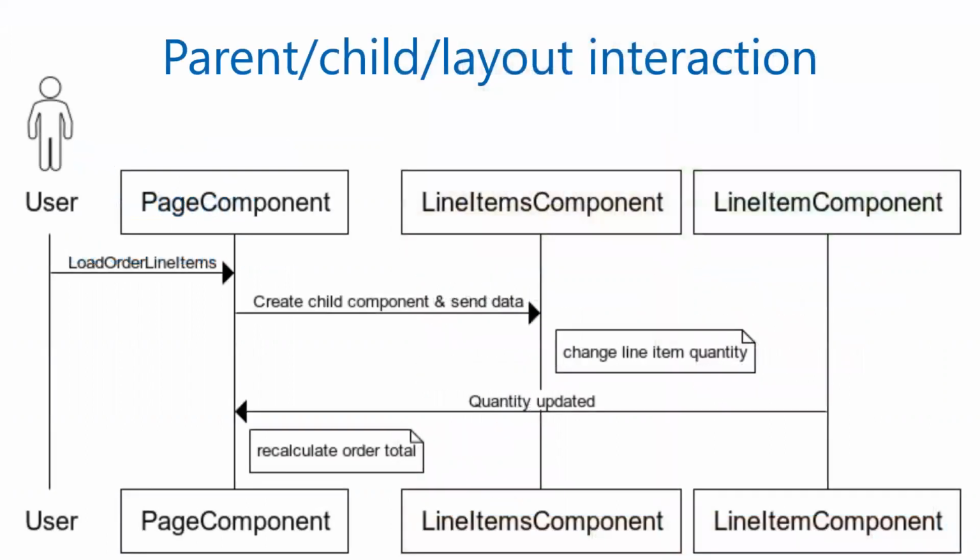All right, and then finally, parent-child and layout interaction. When we have a screen, you have a layout which has navigation and whatnot, and then you have maybe the main screen, and invariably that screen is going to be broken up into subcomponents or child components. Those components in and of themselves are typically broken down into child components, and so you have a big hierarchy.